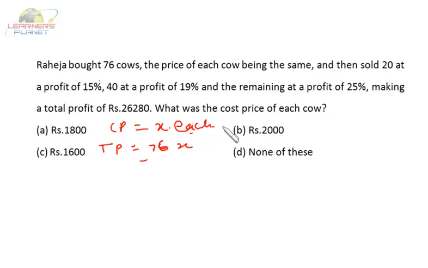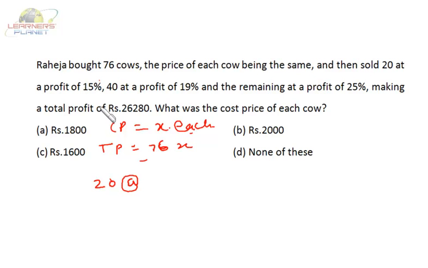Now he's selling 20 at a profit of 15%. That means 20 cows at the rate of 1.15X he's selling, since X is the cost price and the selling price must be 115% of it. So what is the profit he's making in this case?